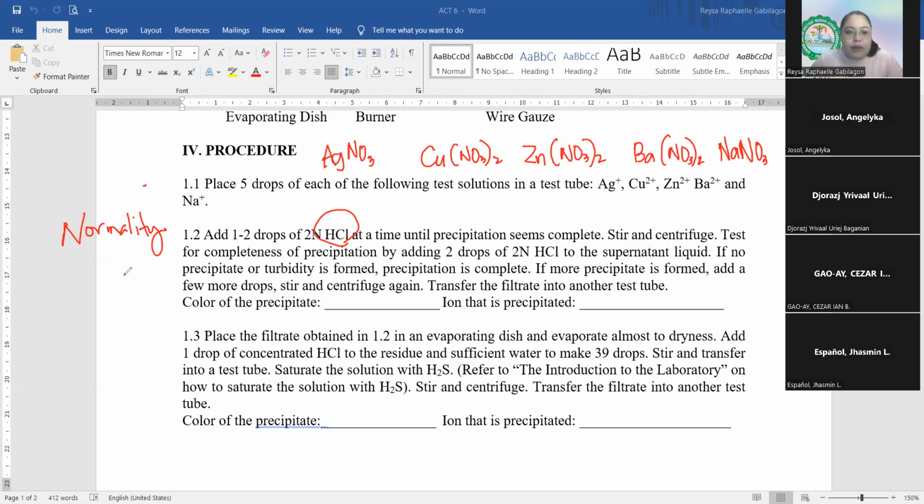Now, when we use the 2N HCl, we observed which ion precipitated. Based on your experiment, let me know. I will call on you, since there is no reporting this finals.